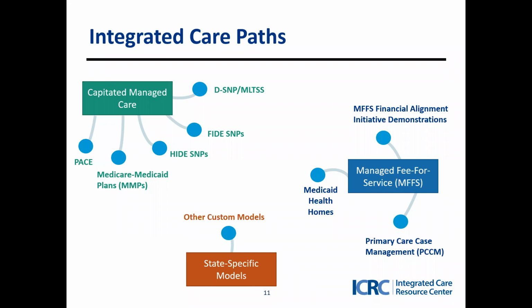Managed fee-for-service occurs when benefits are paid through a fee-for-service arrangement, but care coordination is provided to help beneficiaries better navigate their care. And this can also take a few forms, including FAI demos, Medicaid health homes, and PCCM. And the third option we have here is for states to develop and test their own innovative models. Next slide, please.